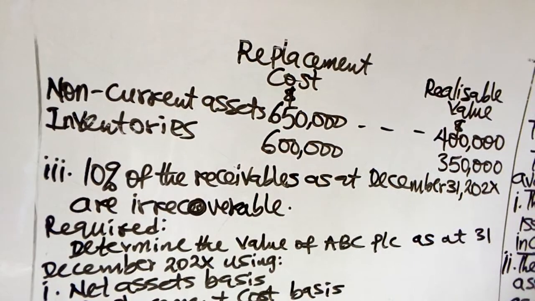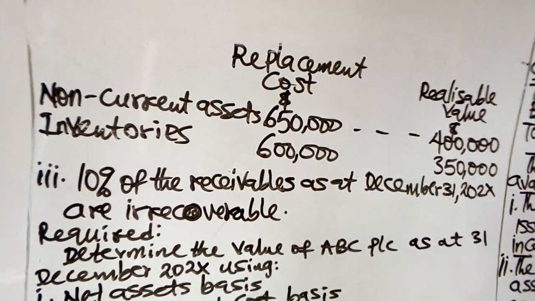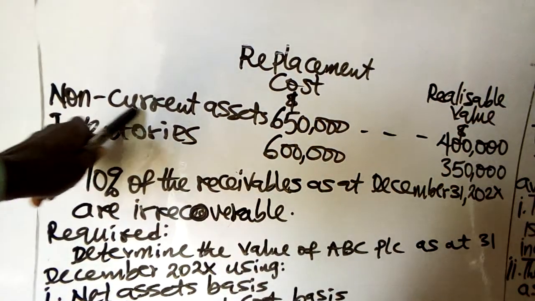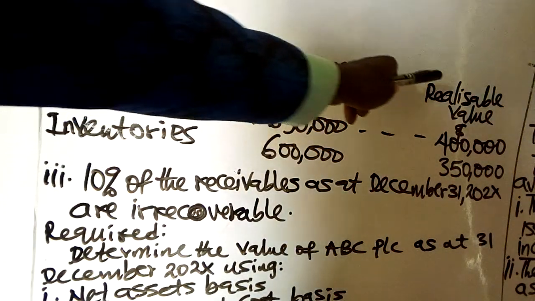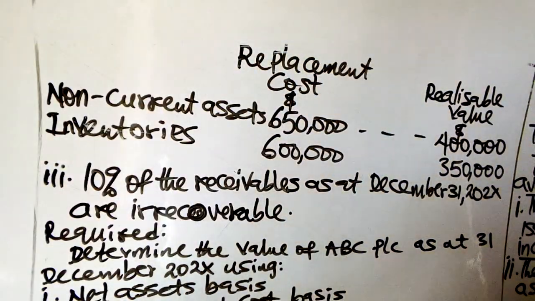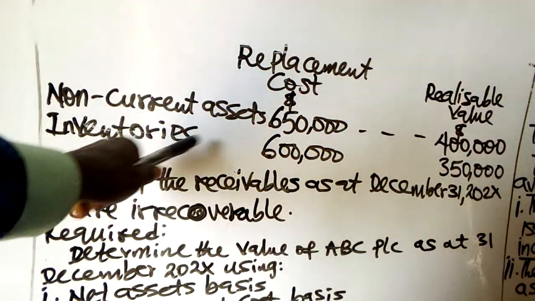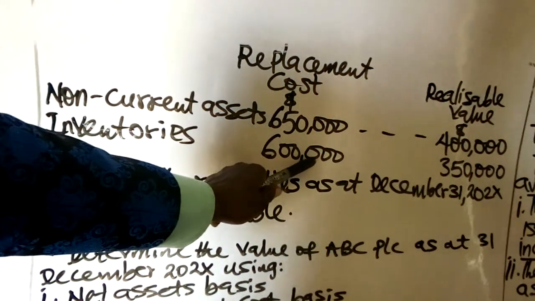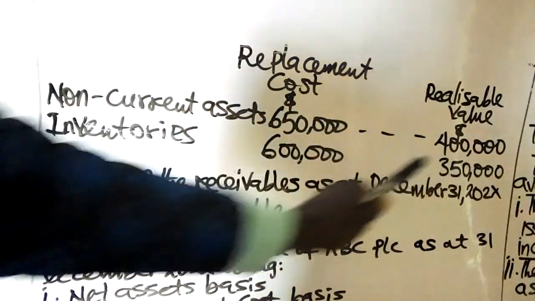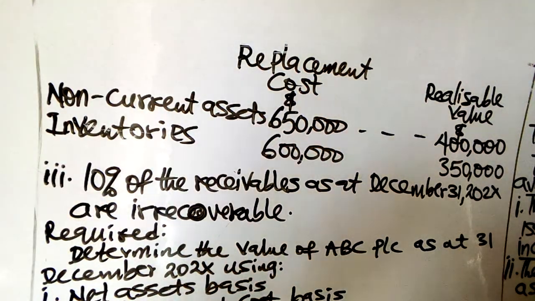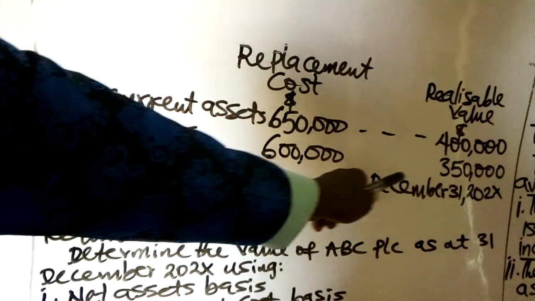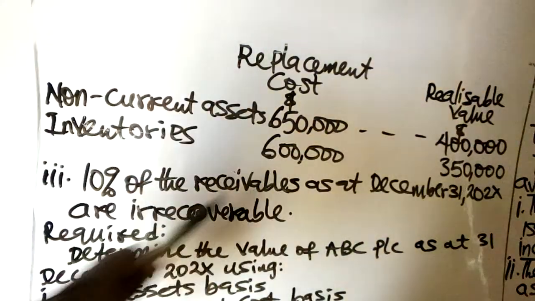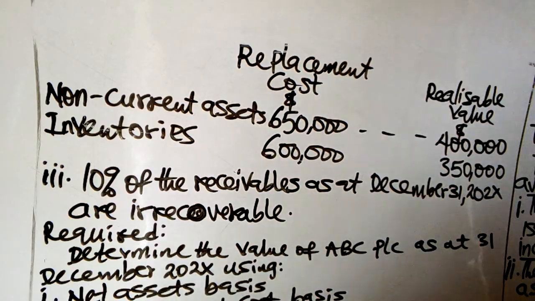We have non-current assets. Non-current assets 650,000, that is their replacement cost. The realizable value is 400,000. Then we have inventories 600,000 as the replacement cost, and the realizable value is 350,000. Note 3. 10% of the receivables as at December 31st 22x are irrecoverable.